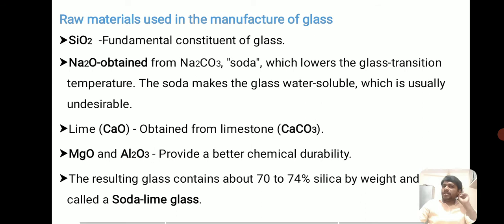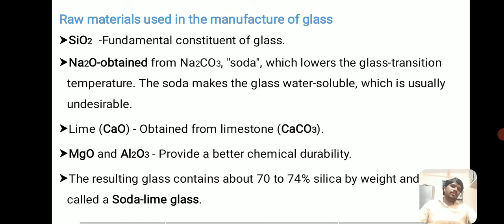What are the raw materials used in the manufacture of glasses? Here, the most important fundamental constituent of glass is silicon dioxide. Next is sodium oxide, which is obtained from sodium carbonate, that is soda, which lowers the glass transition temperature. The soda makes the glass water soluble, which is usually undesirable.